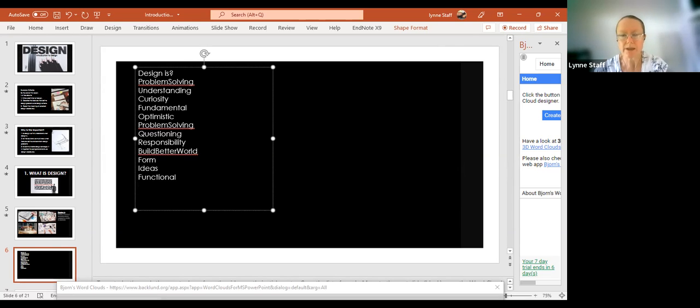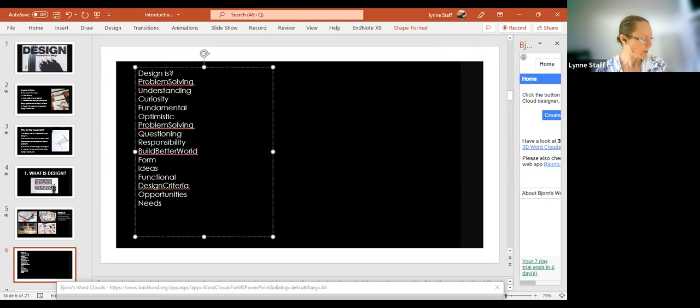So just pop your hand up. Design criteria, well done. Opportunities, needs. Excellent work. Anything else? Sustainability, fantastic.